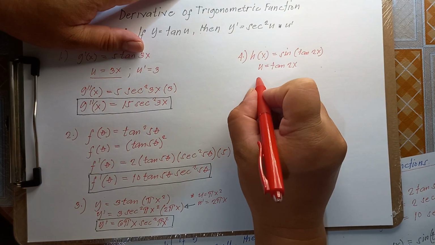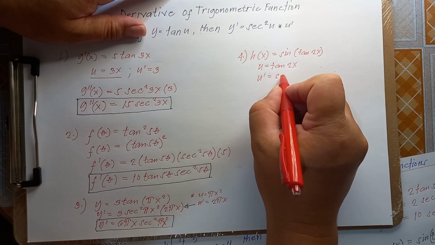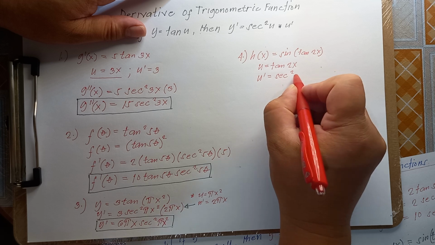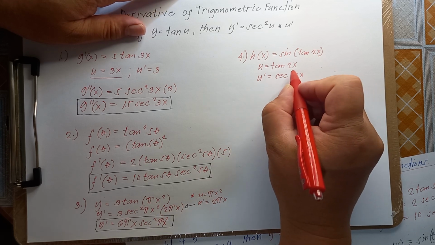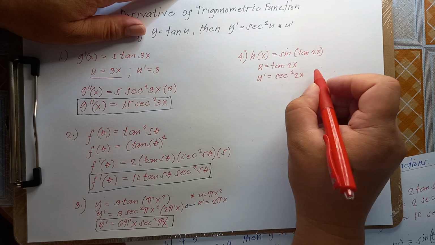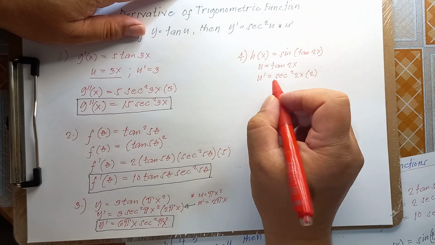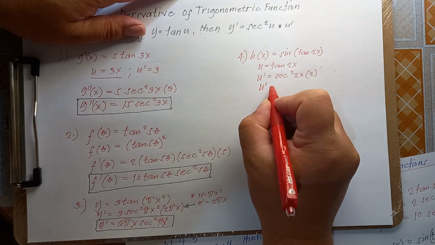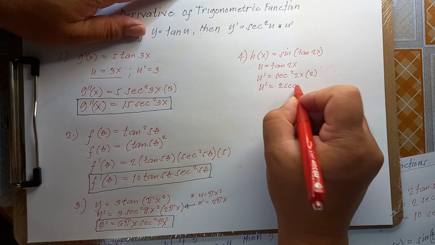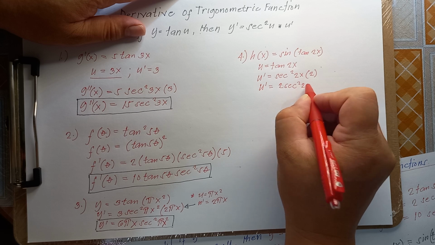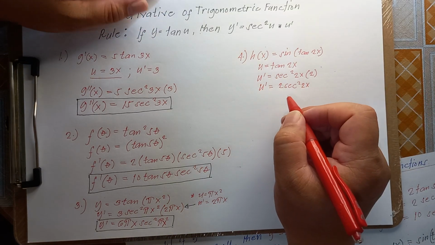The derivative of u, u prime, is secant squared 2x, and we have to multiply by the derivative of 2x, which is 2. So our u prime is 2 secant squared 2x.